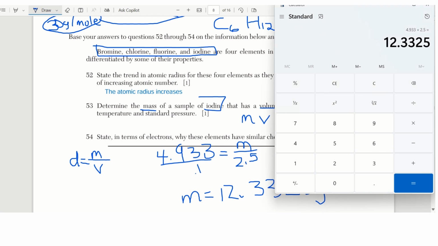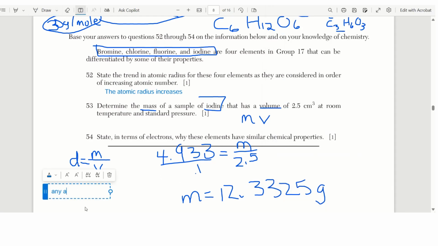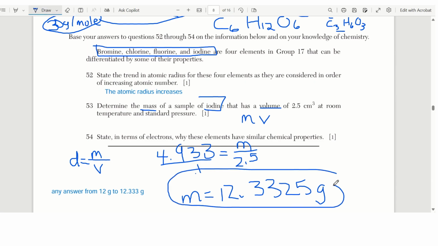I don't have to round a single thing. Now, if you're curious what the exam allows for your answer, it allows any answer from 12 grams to 12.333 grams. My answer is in between those, so that's perfectly right.